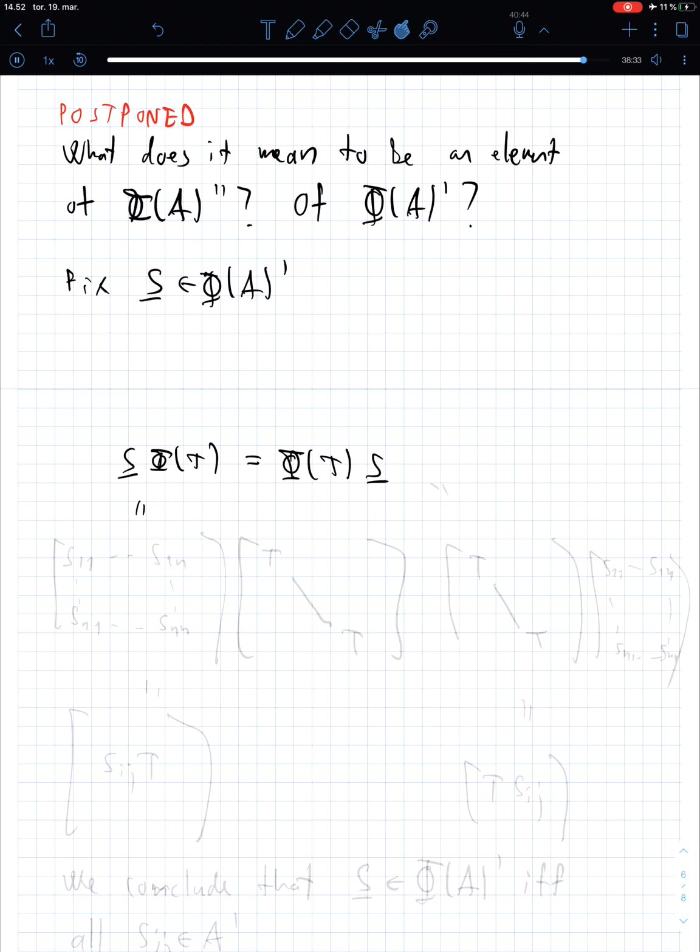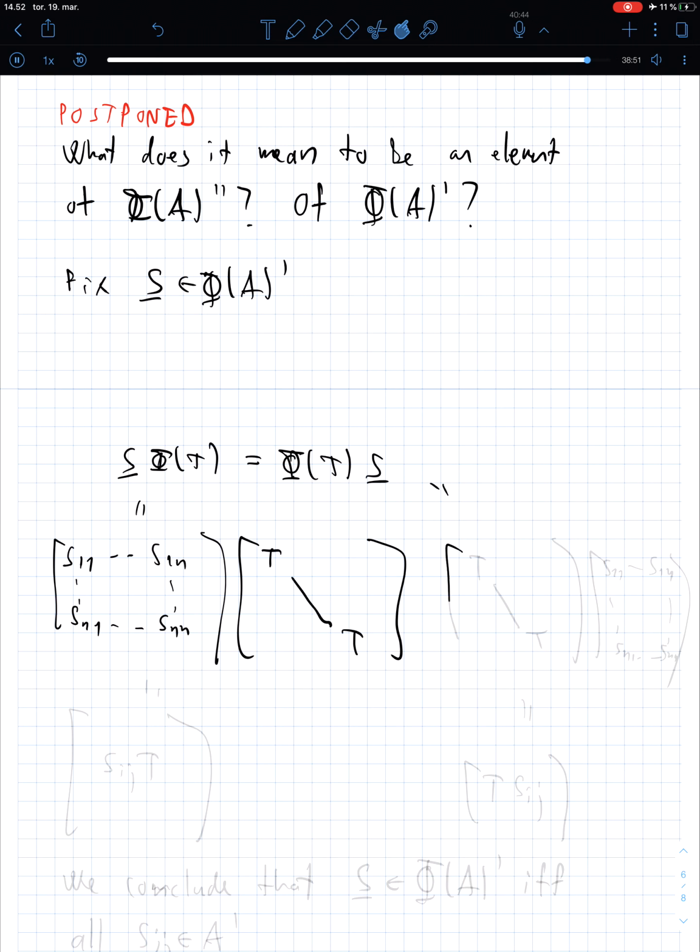And what is this? Well, this is a generic n by n matrix of operators that I'm multiplying by a very special matrix, namely one that has T down the diagonal.